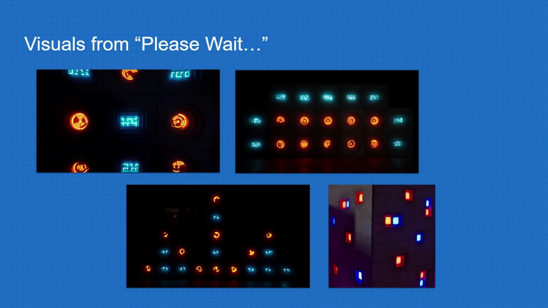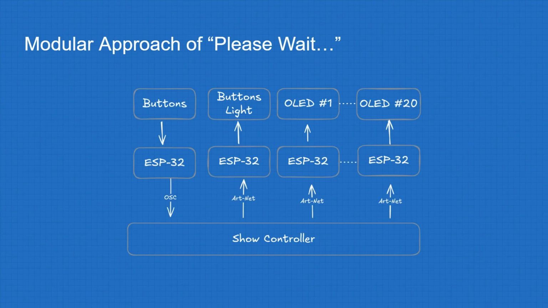So I can display some animation on it, some waiting loops, and everything is done in TouchDesigner. Every button is linked to an ESP32 that communicates with TouchDesigner thanks to OSC, and I also use ArtNet to control the light of the buttons and every animation on the OLED displays.